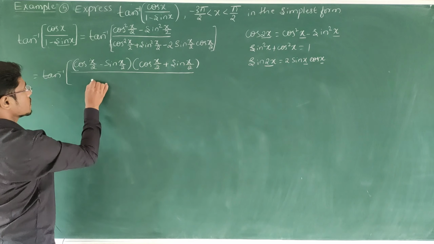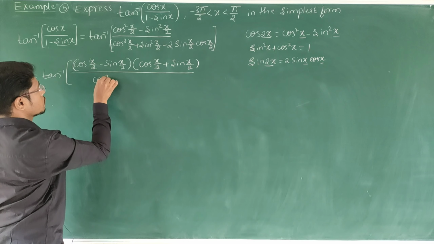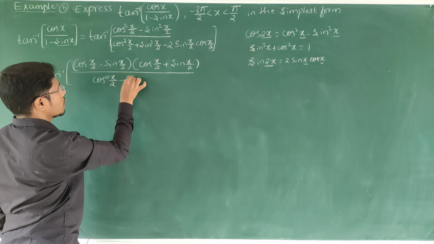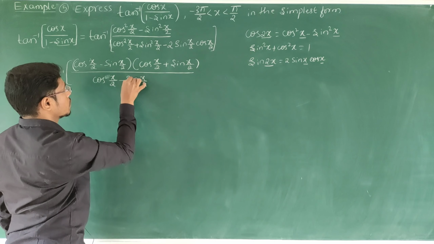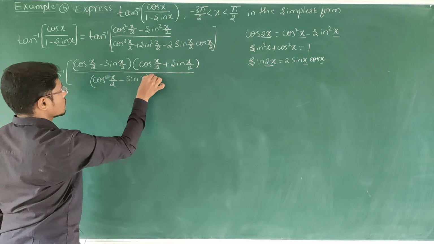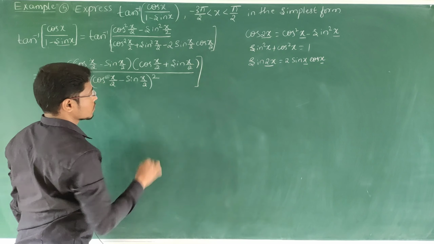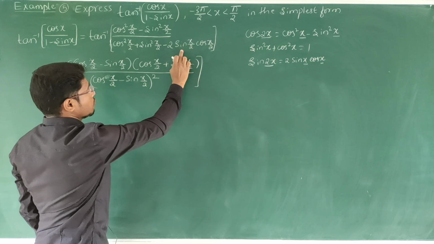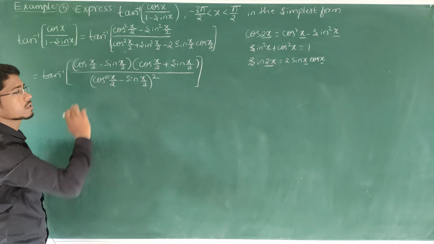That is cos x by 2 minus sin x by 2 whole square, a square plus b square minus 2 a into b, so a minus b whole square.